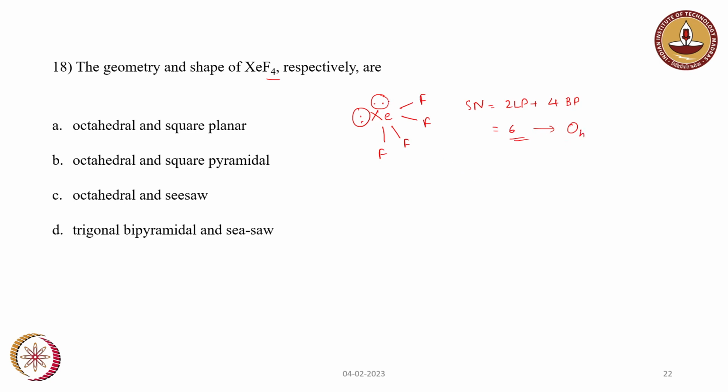But we have lone pairs and bond pairs. So in a system like this, VSEPR theory states that the lone pairs are placed such that there will be minimum repulsion between lone pairs. So it will have octahedral geometry.